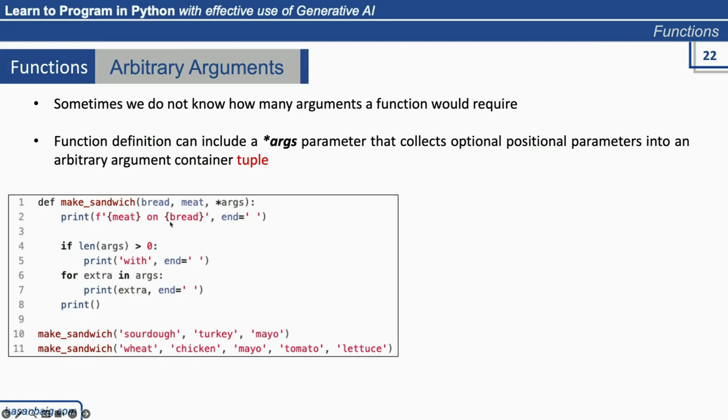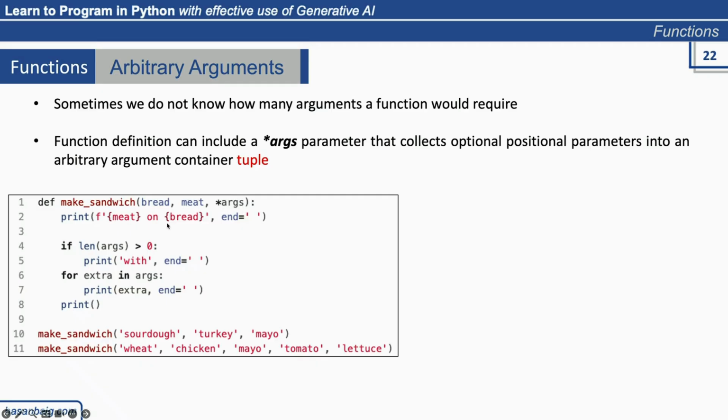Then you have a print statement, and then an if structure and for loop. You are not familiar with these so far, but we will talk about them later. So when you call this function make sandwich, we pass some value which will be assigned to the parameter bread, and then turkey will be assigned to meat, and then mayo will be assigned to this container.